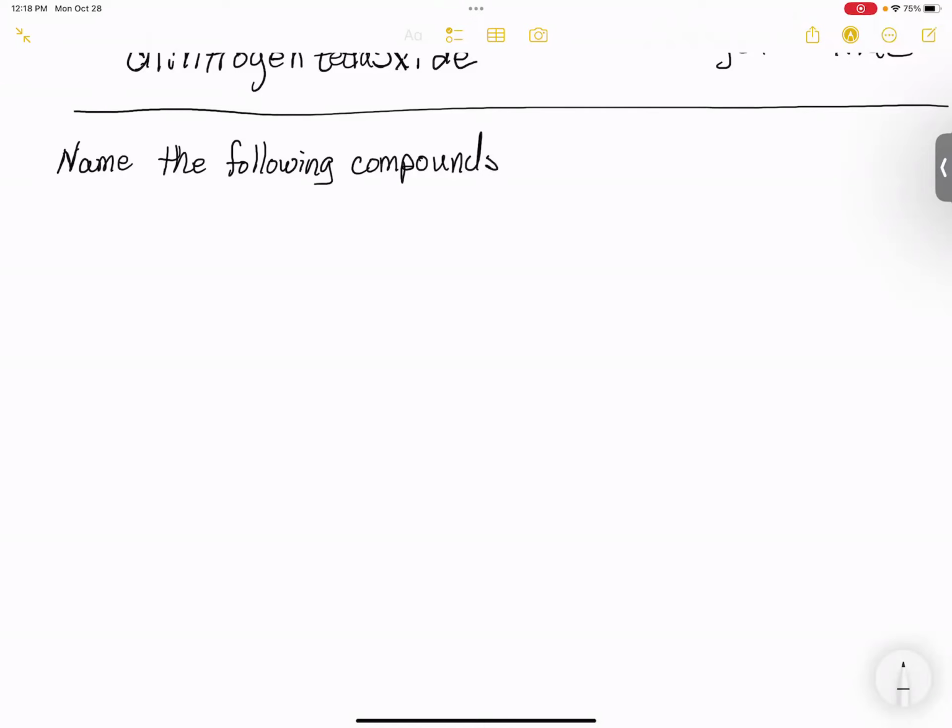You will be given approximately 15 compounds that you have to name, and they will be all mixed up.